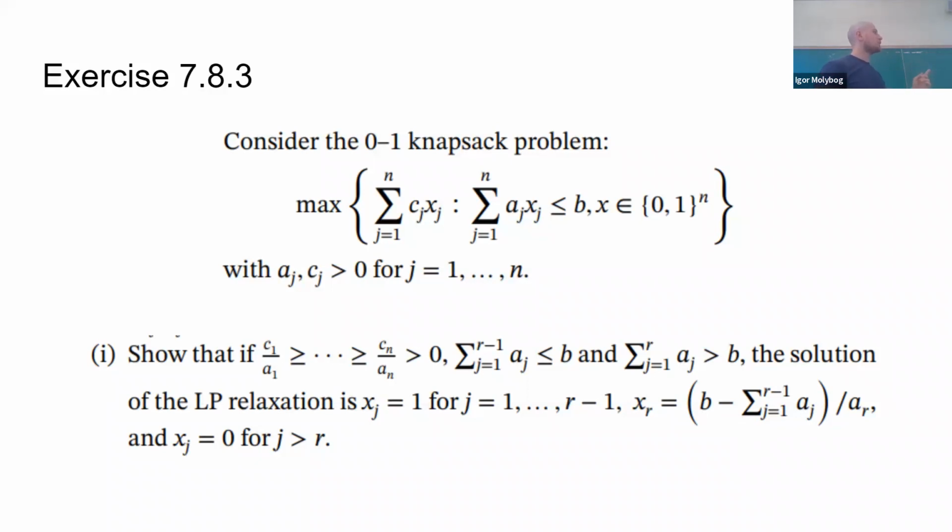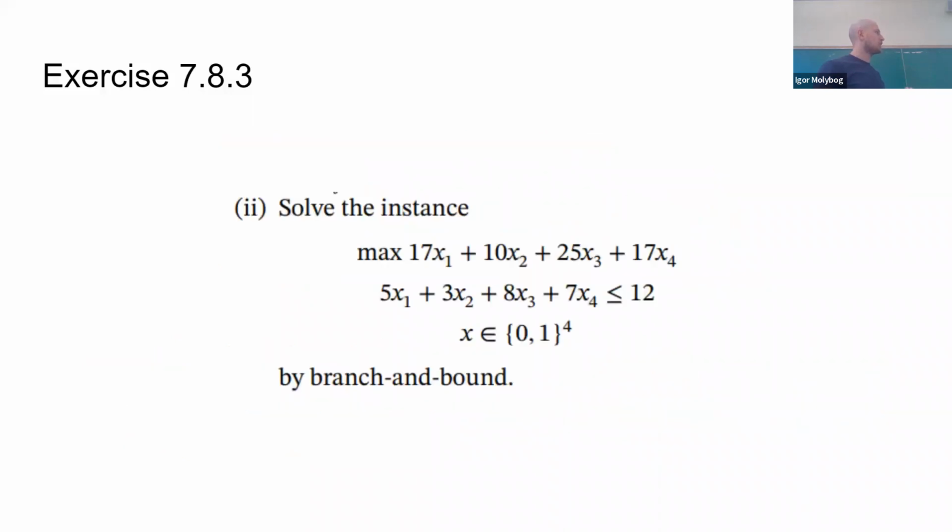And this allows you to solve the knapsack problem using LP relaxation, even if the number of variables of the problem is much larger than 2. It actually allows you to solve any kind of LP relaxation for the knapsack problem very efficiently.